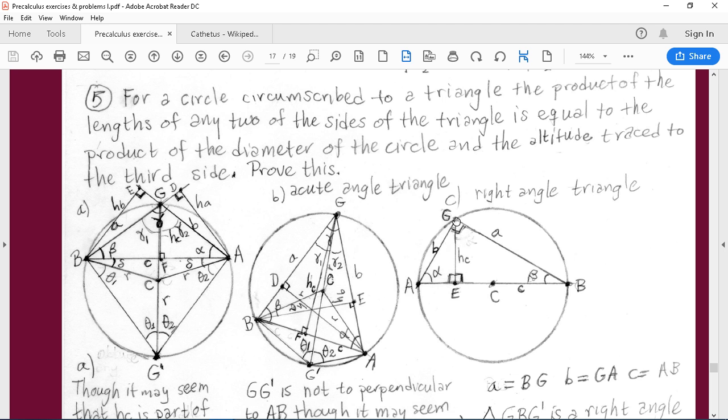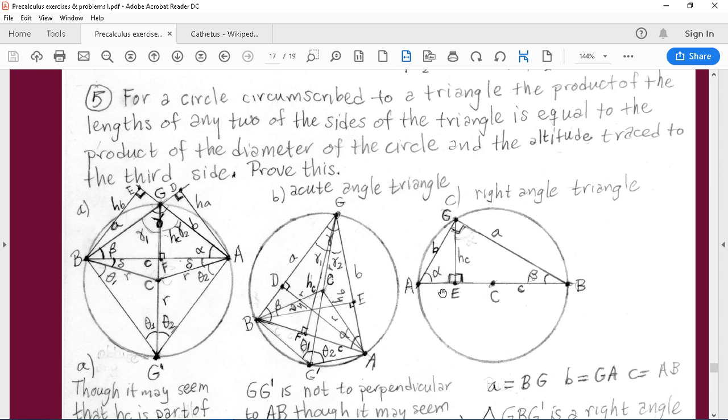So the altitude traced to this third side is simply the cathetus GB, or lowercase a. So that means that aD equals aD. That is, the product of the two sides, which is aD, is equal to the product of the altitude traced to the third side, which is a, times the diameter of the circle, which is D.